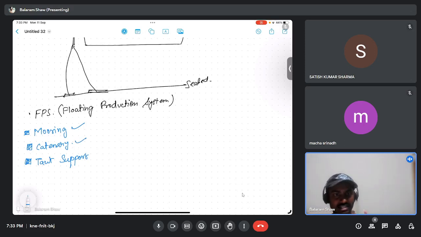Okay, catenary is clear? Then we have taut supports. But before that, catenary is the shape of the curve that is made when a flexible, uniform, non-stretchable cable is suspended from its end.